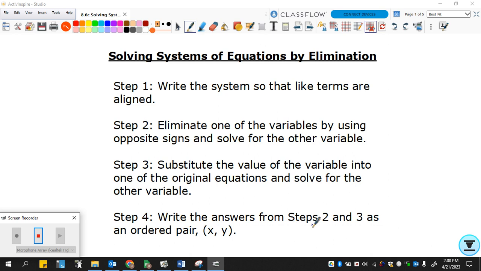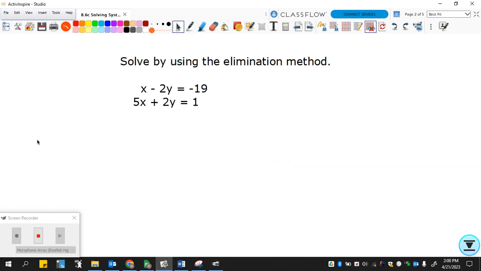All right, so when we do that, the first example is actually going to be pretty easy. If we look at it here, we have x's over x's, and we have y's over y's, and then we have the whole numbers over the whole numbers. What we can see here is that we have a minus 2y and a plus 2y.